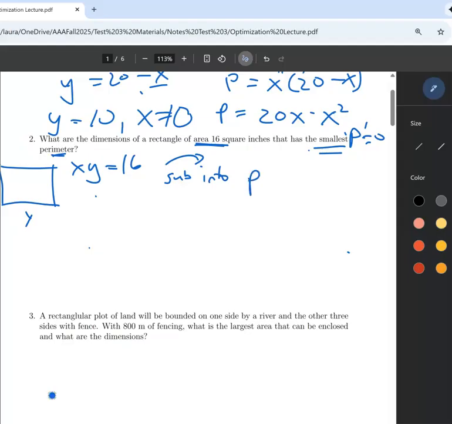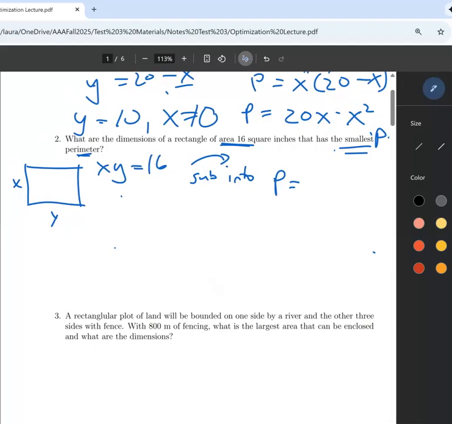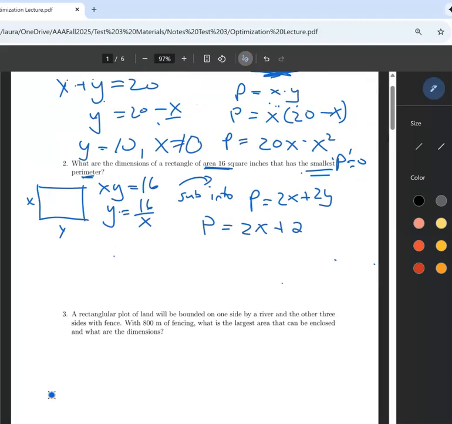So let's set up the equation for the perimeter. You know that that's going to be 2x plus 2y. Then I'm going to solve this one for y, 16 over x, and substitute it in. So I get 2x plus 2 times 16 over x. All right, so now I'm ready to take the derivative, but it might be helpful to just rewrite this.